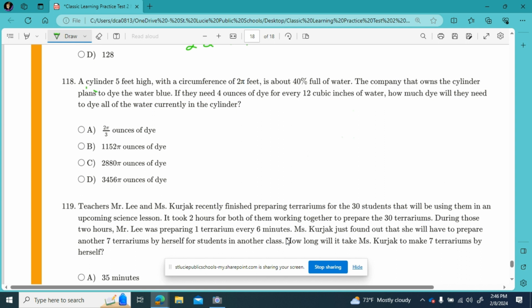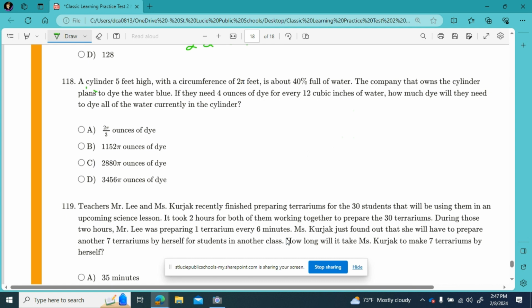The company that owns the cylinder plans to dye the water blue. If they need 4 ounces of dye for every 12 cubic inches of water, how much dye will they need to dye all of the water currently in the cylinder?